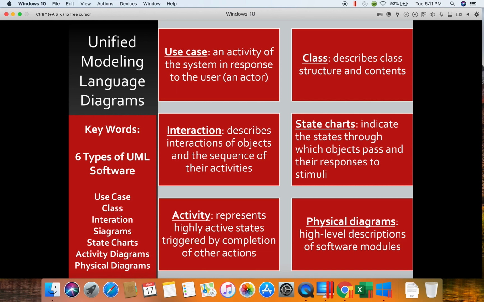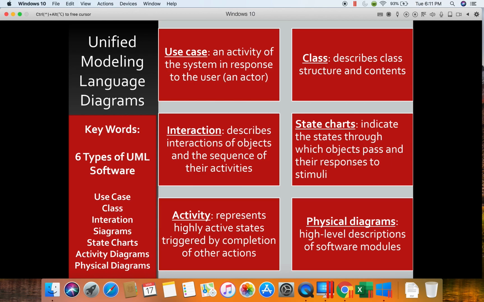We have interaction diagrams, which describe interactions between objects and the sequence of the activities. State charts communicate the states through which an object passes, as well as its responses to signals that they receive, or stimuli.